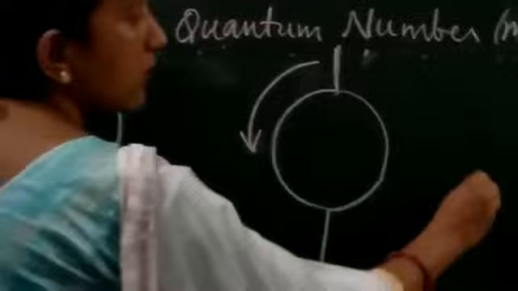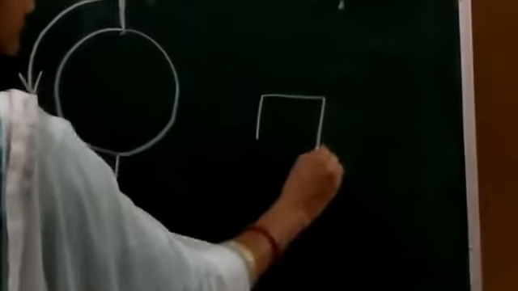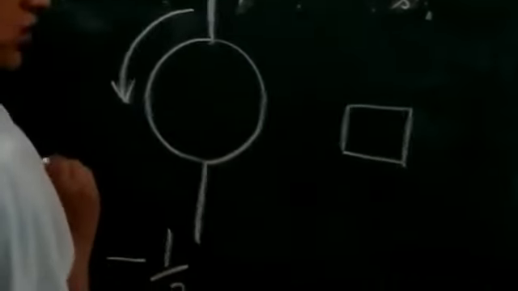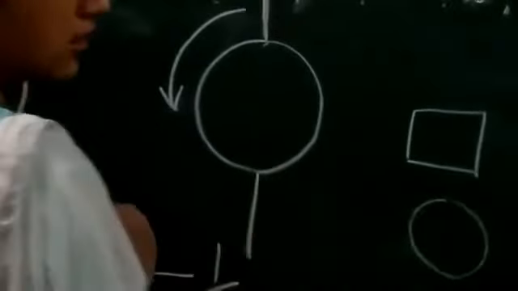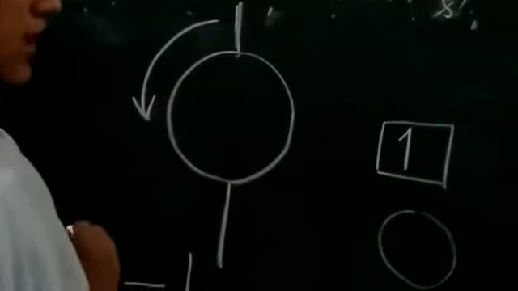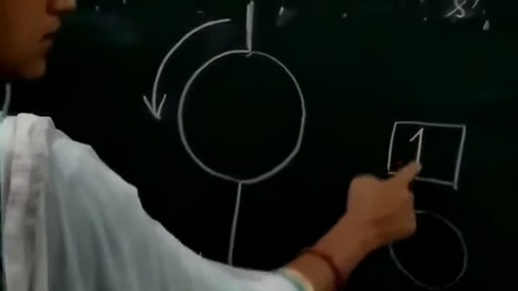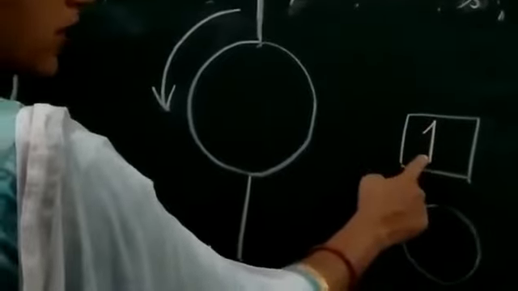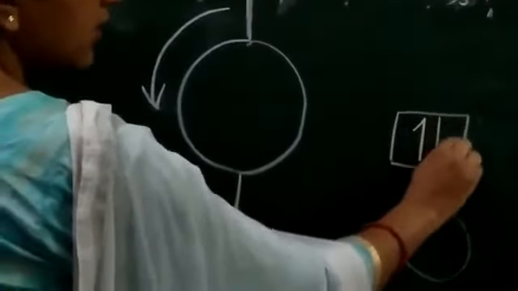Now, students, you should keep in mind this one also. Generally, we denote the orbital with a square box, or you can draw it as a circle also. So, in an orbital, the electron with the spin clockwise is shown in this way, and the anti-clockwise in this way.